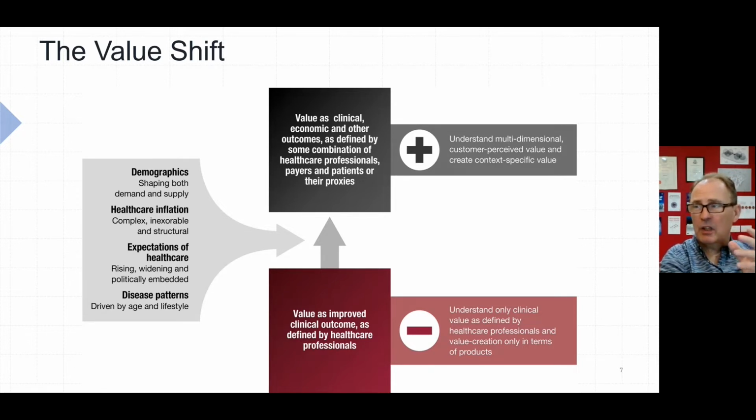And the environment now favors firms that understand multidimensional value as it is perceived by the customer, and value that is created in a context-specific way.